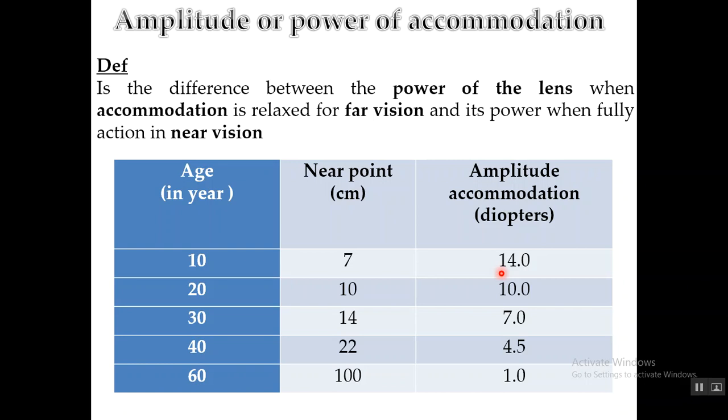The difference between them is 14 diopters, and this is the power. At the age of 60, the near point increases to 100 centimeters, and the amplitude of accommodation is decreased to just 1 diopter.